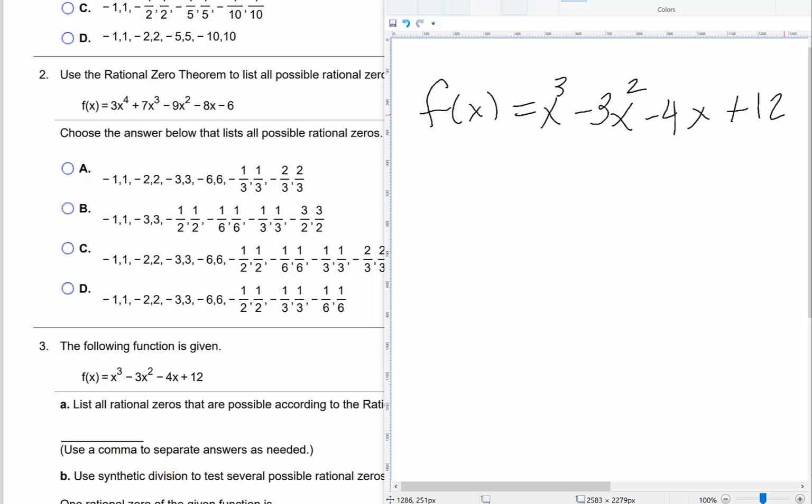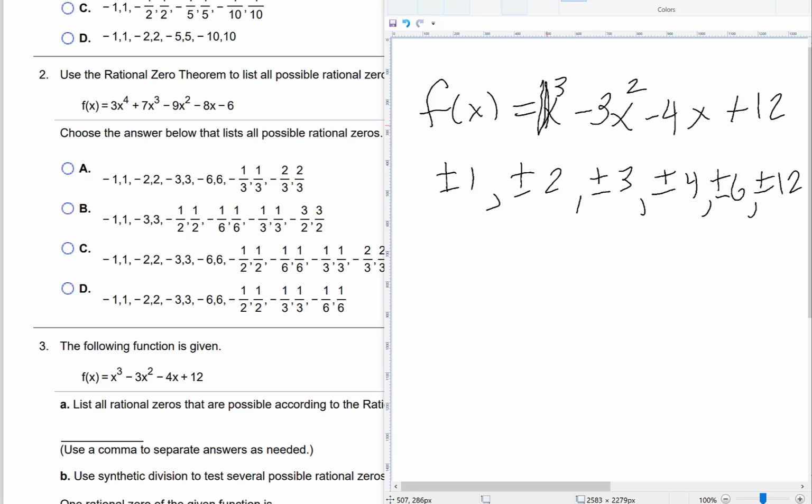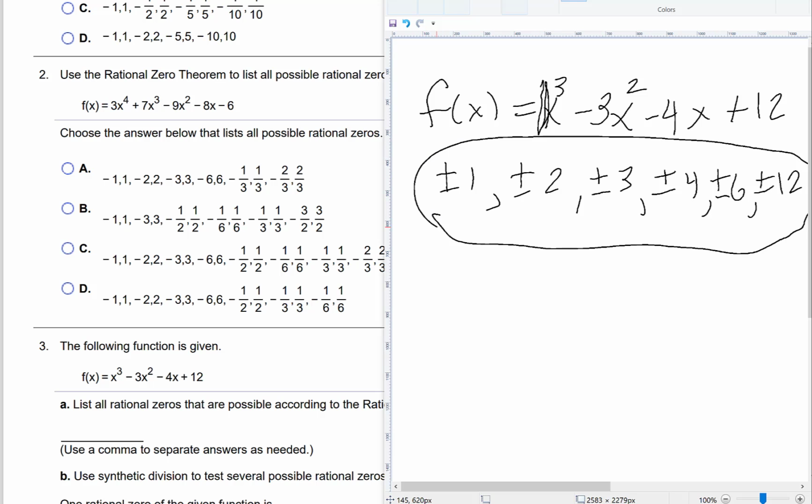If you're not sure, or if your factoring is weak, just go ahead and use the rational zero theorem. So the factors of 12: plus or minus 1, 2, 3, 4, 6, and 12. Now, this leading coefficient is a 1, so that's all of the possible rational zeros.